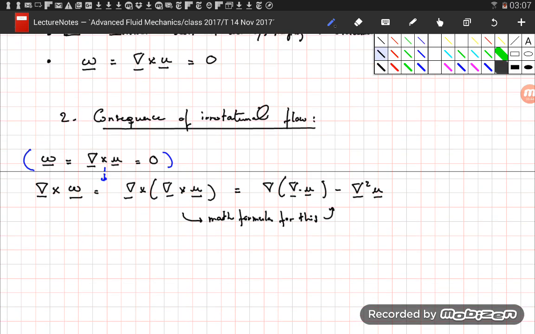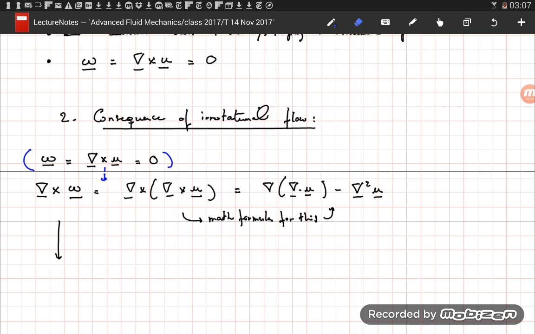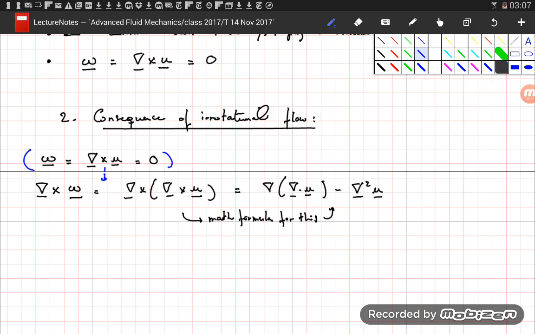Now let's look at this. For irrotational flows, omega is equal to 0. So if omega is equal to 0, the curl will certainly be equal to 0. If you take any differential operator of something which is equal to 0, you'll just get 0. So the left-hand side here is equal to 0.